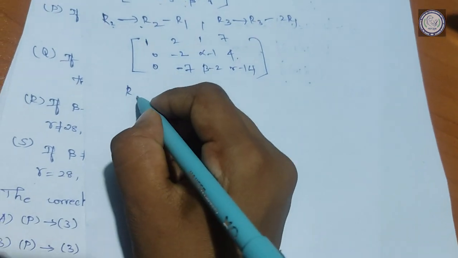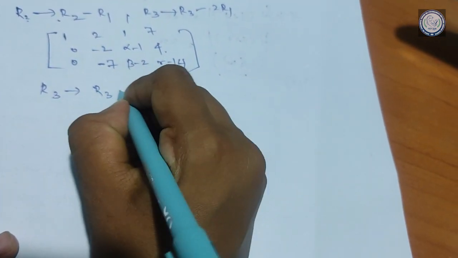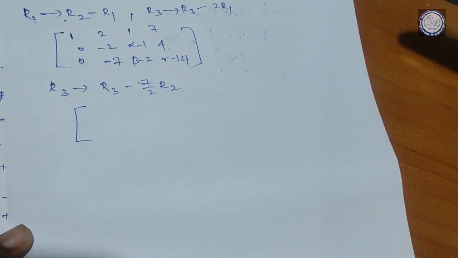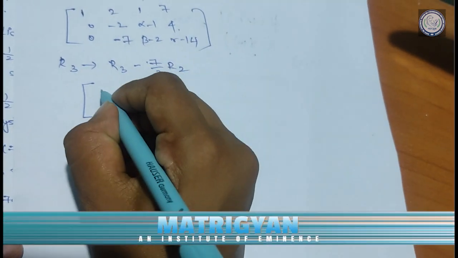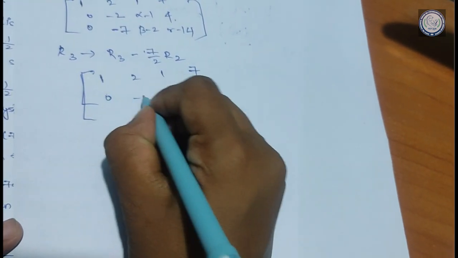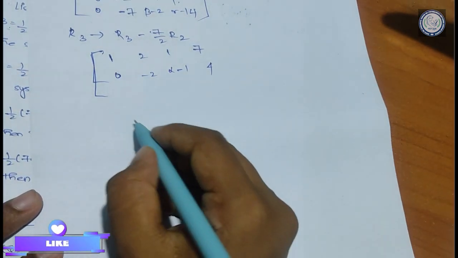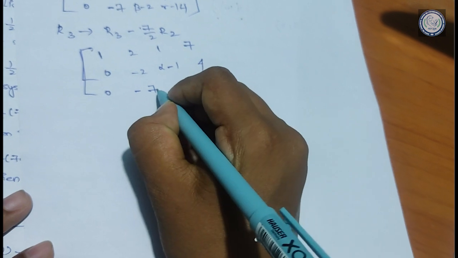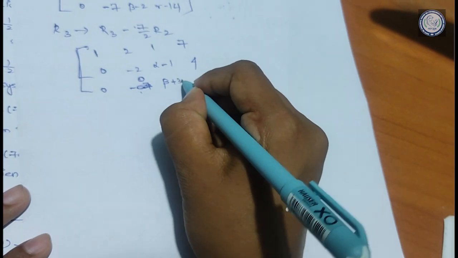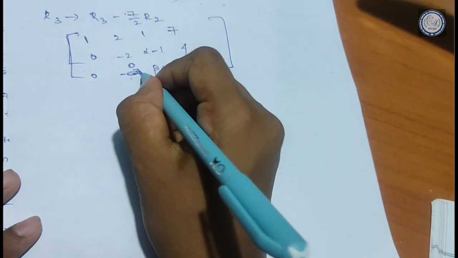Now again let us change R3 to R3 minus 7 by 2 R2. Then we will get, there is no change in R1, zero, and here it will become 0, sorry, beta plus 3 minus 7 alpha by 2, gamma minus 28. This is the row echelon form.